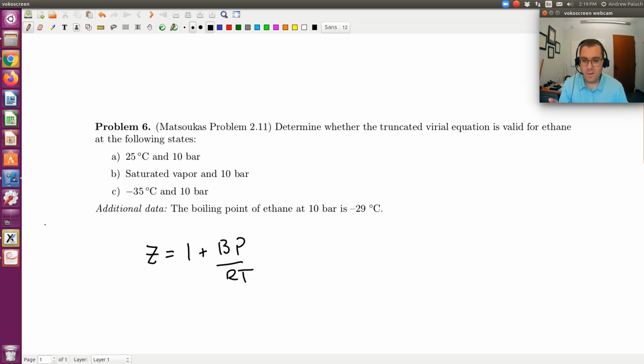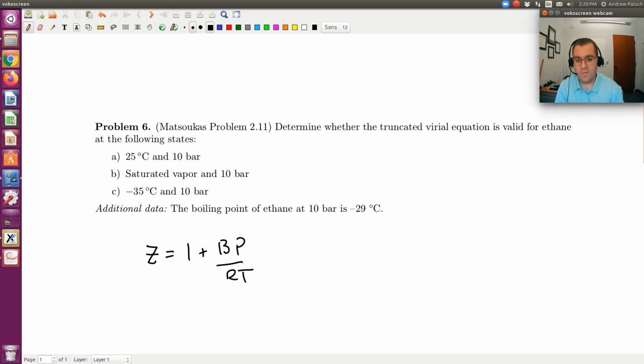And if I look at, say, point C, spoiler alert: at 10 bars, Tsat is negative 29 degrees C. If I'm at negative 35 degrees C, I'm going to be in the subcooled liquid region. So I know in C that the virial equation definitely won't be applicable.